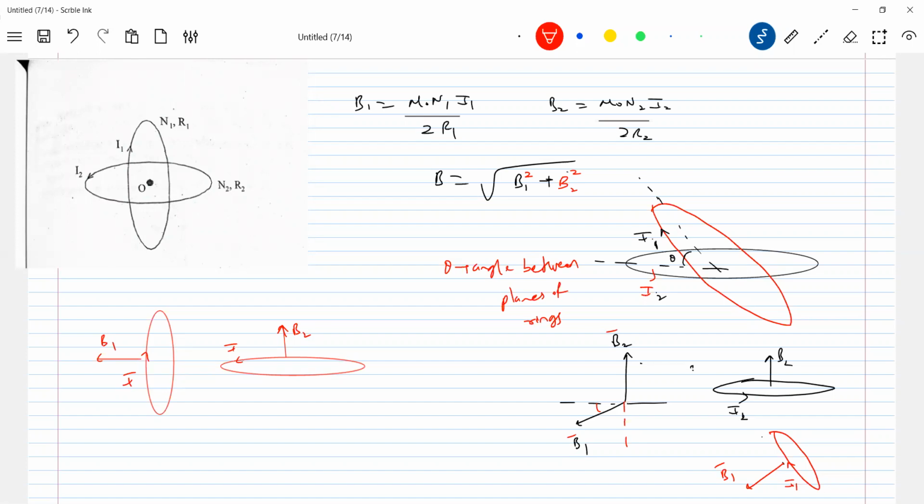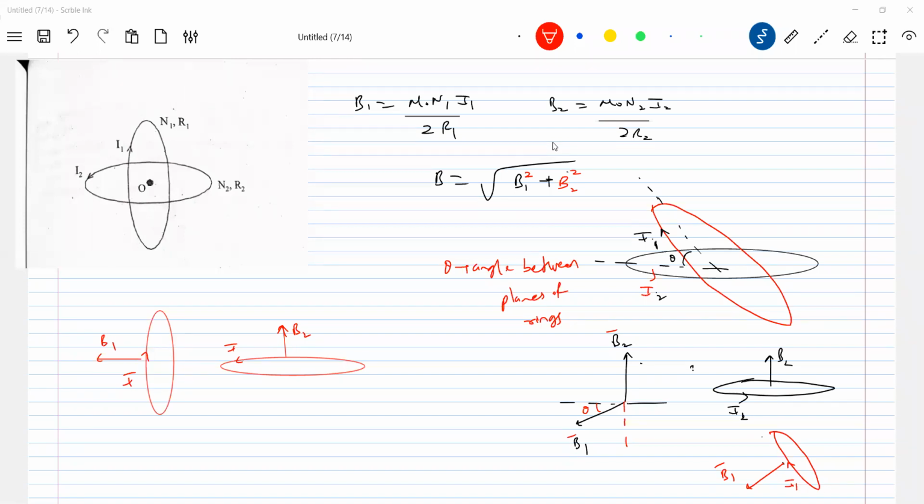This should be theta, or the other angle should be theta. The angle between them will be 90 plus theta.